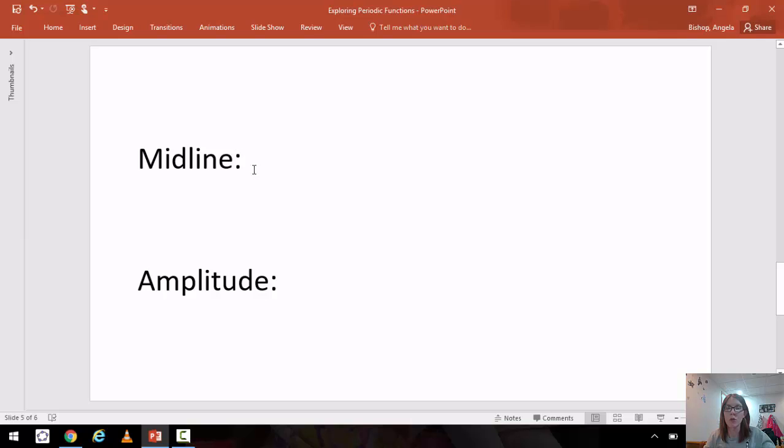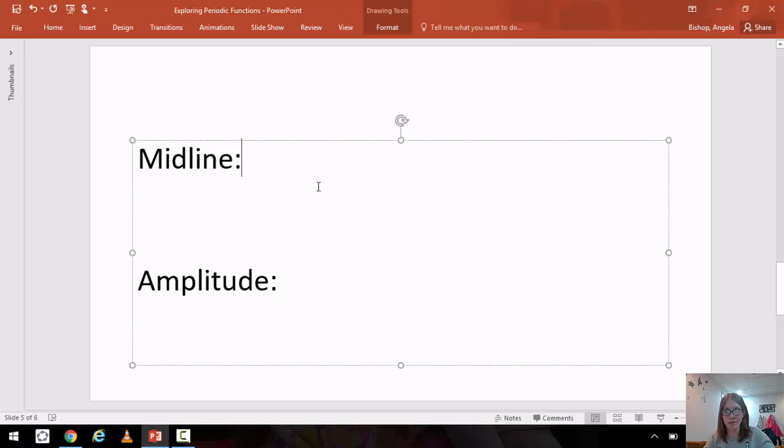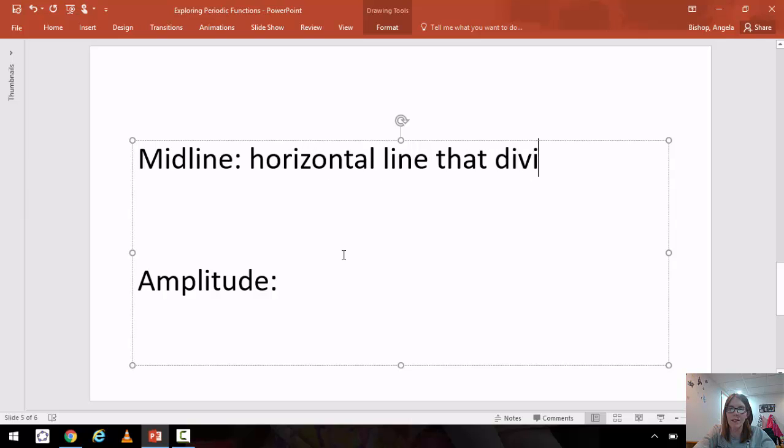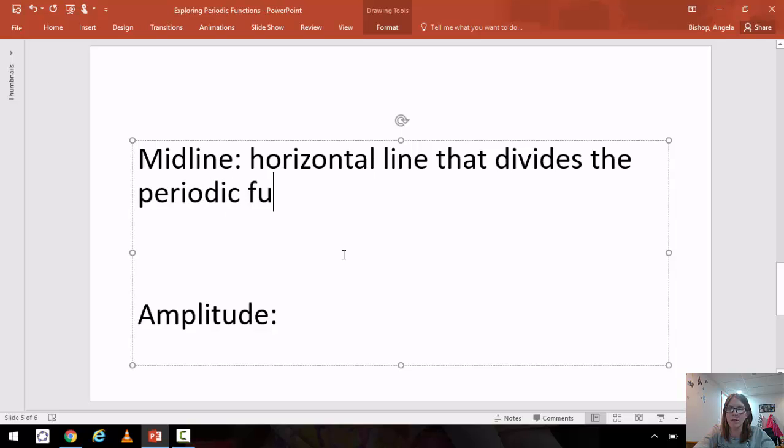Okay. 2 more vocab words that go along with our periodic functions is the word midline. And a midline, it's kind of a self-explanatory vocabulary word, but it is a horizontal line that divides the periodic function in the middle.